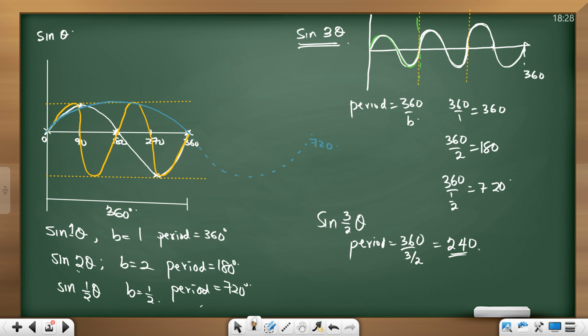So what's the length of one of them? 120, because it's 360 divided by the number of graphs, which is 3. So 120, 120. And again, it's all by using the formula, because B in this case is 3. So what is my period? 360 over 3.